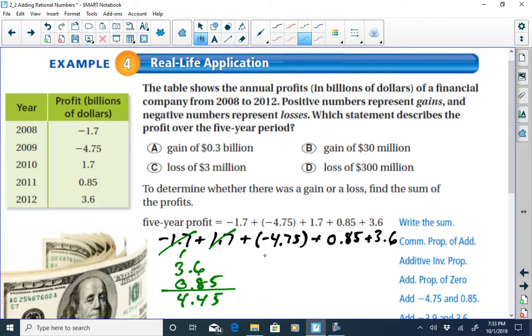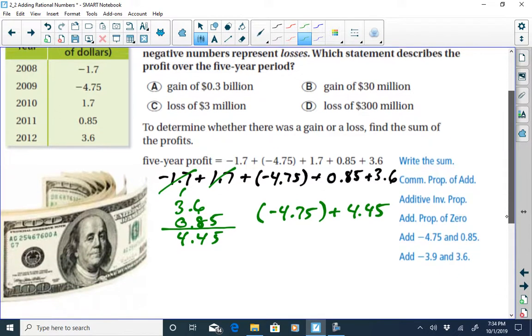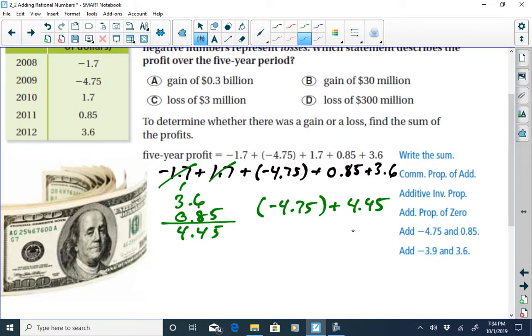So I still have this negative 4.75, and then I'm adding 4.45. Now right here we should recognize that there's going to be a loss, because -4.75 has a higher absolute value than 4.45. So if I'm adding opposites now, we have to subtract their absolute values.